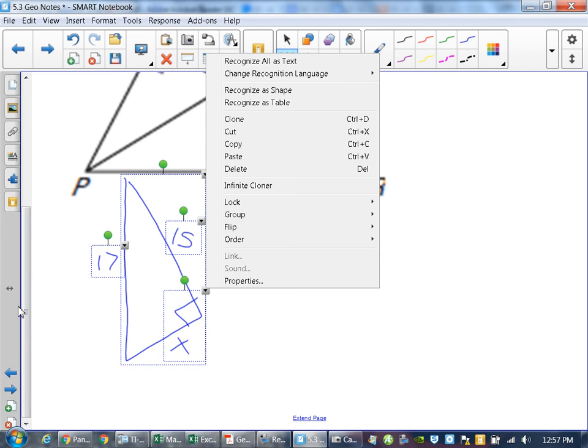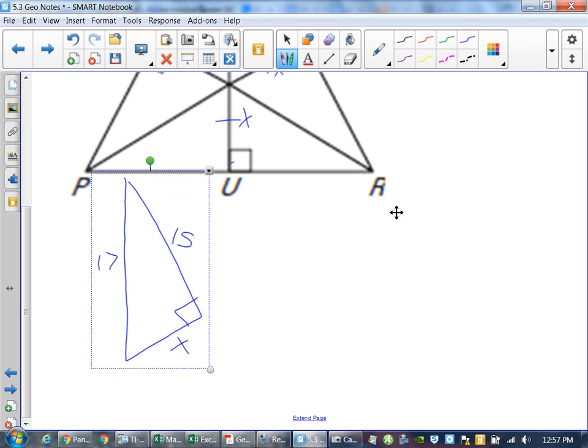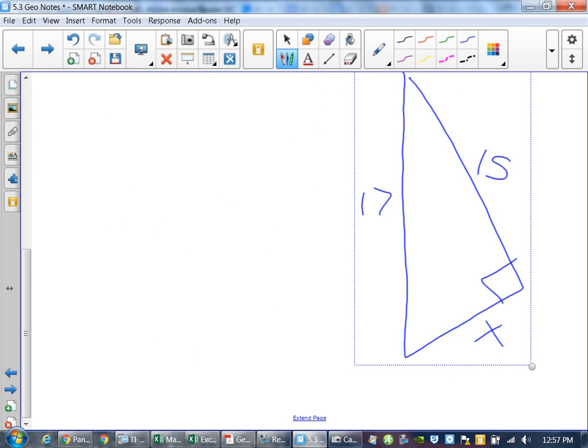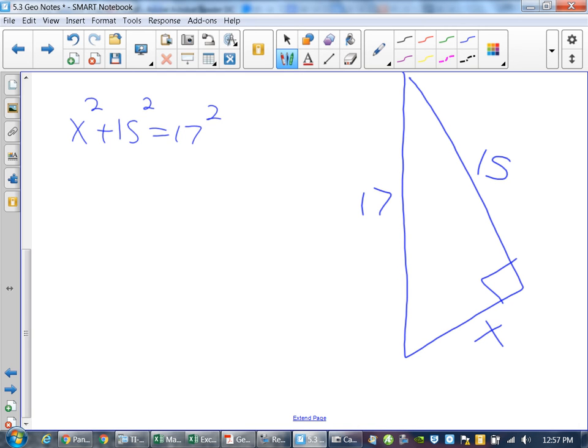If we're working just with that, it's just x squared, 15 squared, 17 squared. And it's almost exactly like what you worked with yesterday. Just push buttons on the calculator.